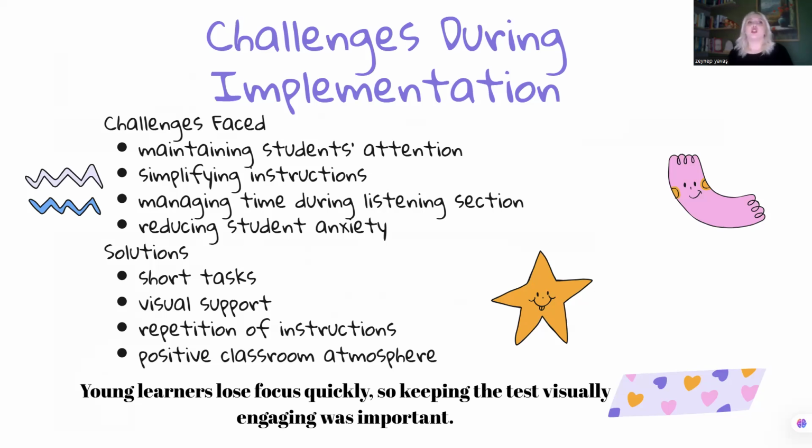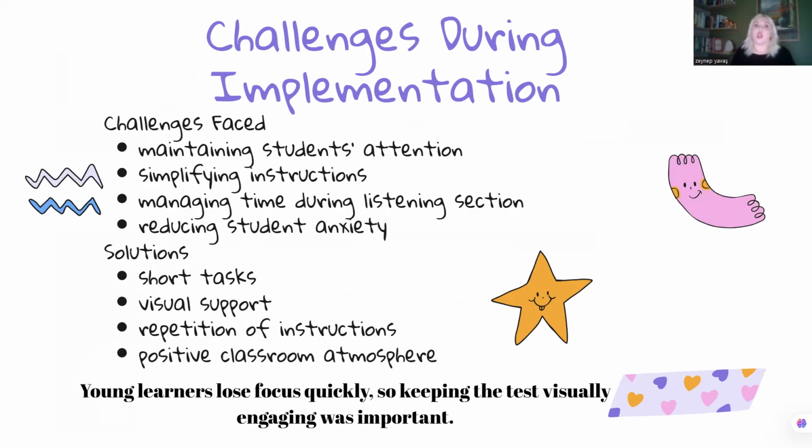Short tasks are important because we think they have short attention spans. Visual support is important for very young learners, repetition of instruction is also important, and a positive classroom atmosphere is of course an important solution.